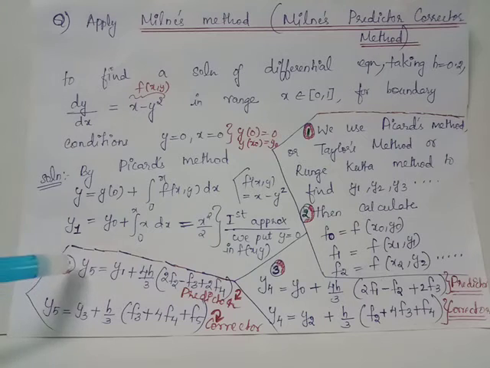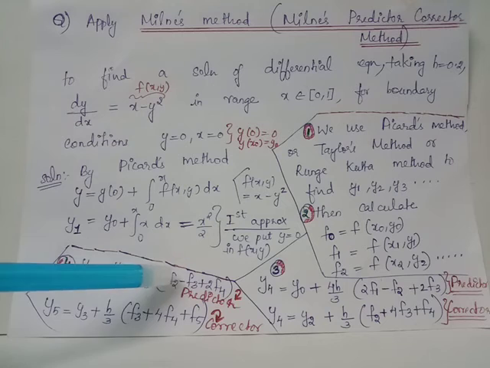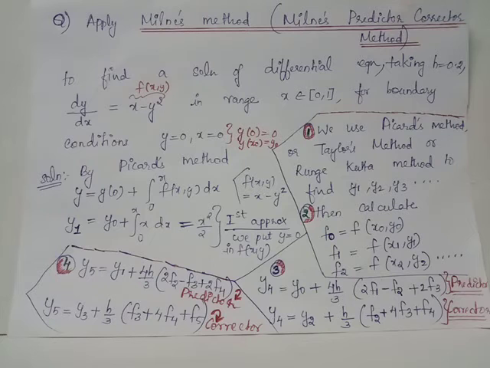Here again we have the same procedure as we have discussed in the case for y4. We will give the particular values of y1, h, f2, f3 and f4 here in the RHS to find out y5. With this value of y5, we can find out f5 which is f of x5, y5. This value of f5 will be used in the corrector formula of y5 which will give us a new value for y5.